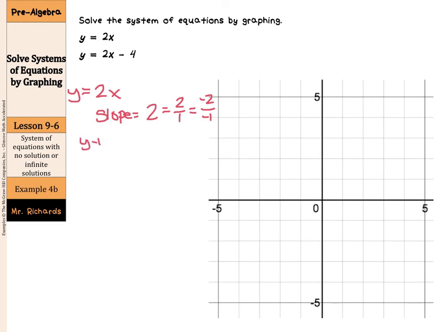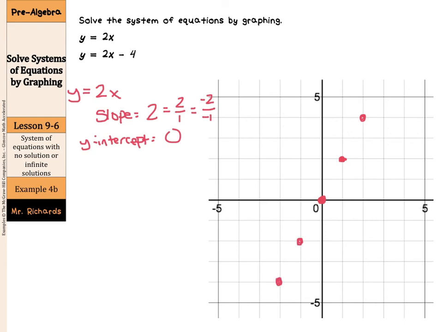And our y-intercept here, well, we have nothing in the place of b, so we're just going to call it 0. So a y-intercept of 0, a slope of up 2 over 1, up 2 over 1. Or, once again, down 2, back 1, down 2, back 1.